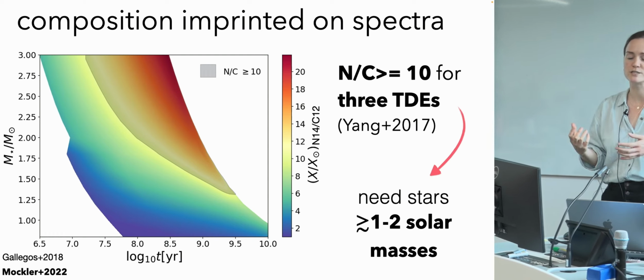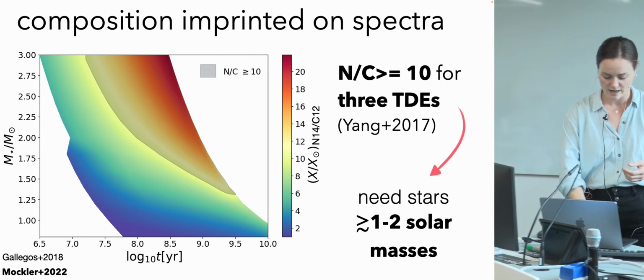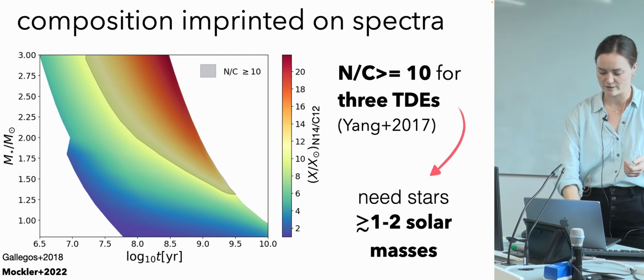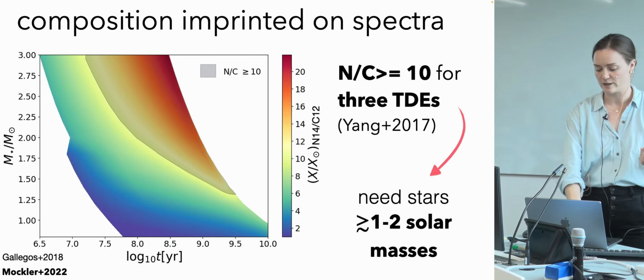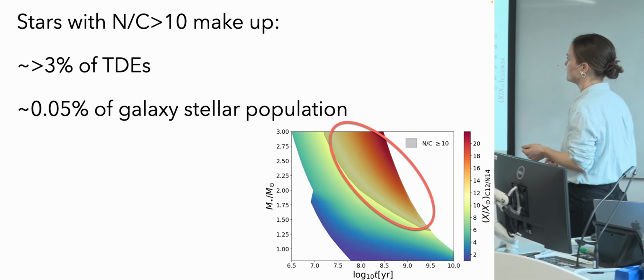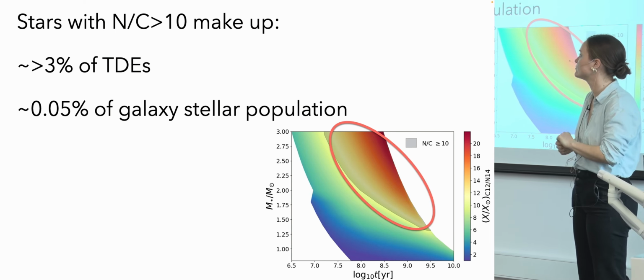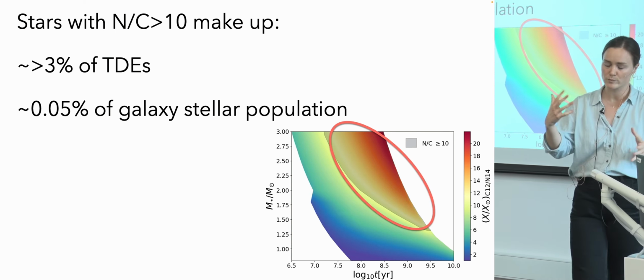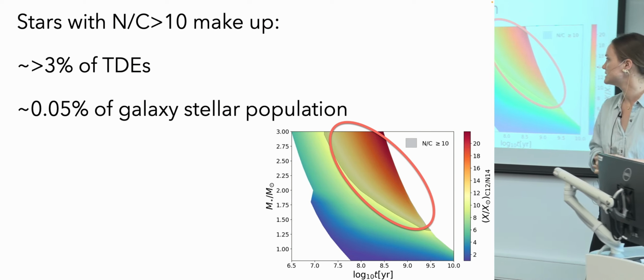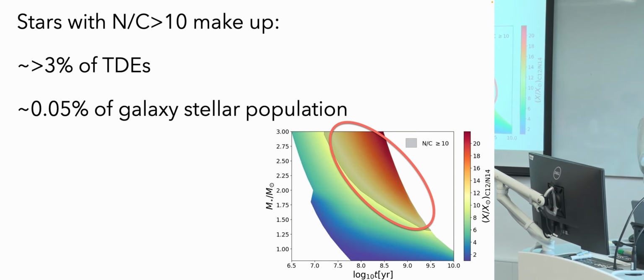And most of the stars in the nucleus of the galaxy we'd think are low-mass stars, because that's what you get if you use even a galactic center IMF. And so what we found is stars with nitrogen to carbon greater than 10 make up probably greater than 3% of TDEs, but only 0.05% of the galaxy's stellar population.